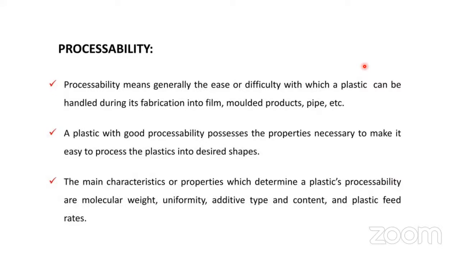You are using the additives, but what percent? You have to think about that also. Then plastic feed rates: how you are feeding the material into the hopper of the machinery. Therefore, friends, molecular weight and the structure of the polymers are very important properties to decide the final physical properties of the polymers.